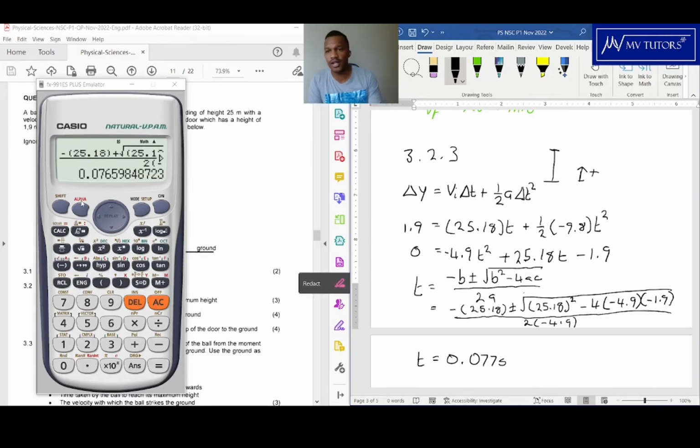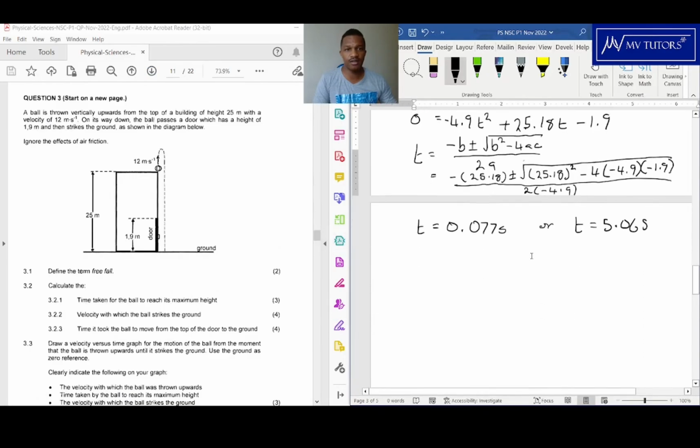Cool. Now let's see what difference it makes if we put a negative there. We subtract, delete that positive, put it negative. What do we get? We get t equal to 5.06 seconds. Now we have to discuss which one of these answers actually makes sense.